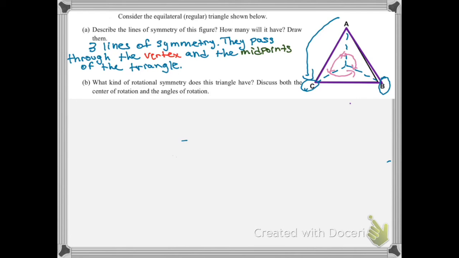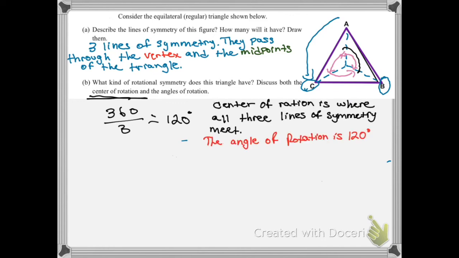So in order to figure out how much one of these angles is, I'm just going to divide by 3. So 360 divided by 3 equals 120 degrees. So remember that for rotation, we need to have a center of rotation, and that's going to be where all 3 of our lines of symmetry meet. And the angle of rotation is going to be 120 degrees.